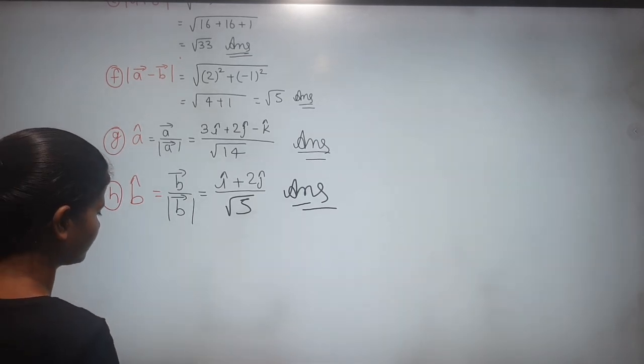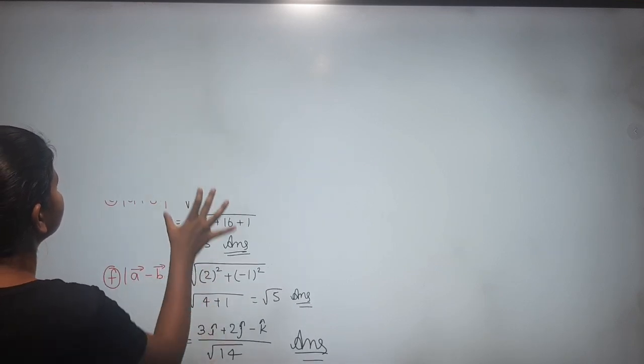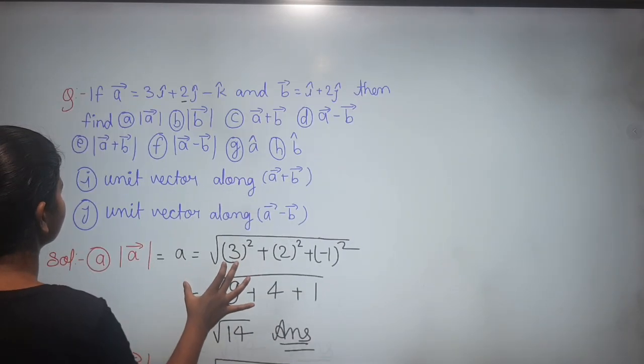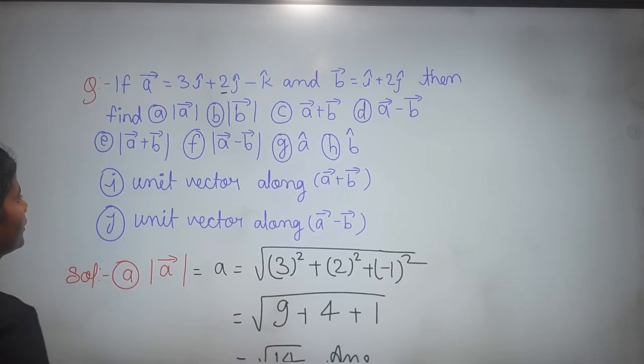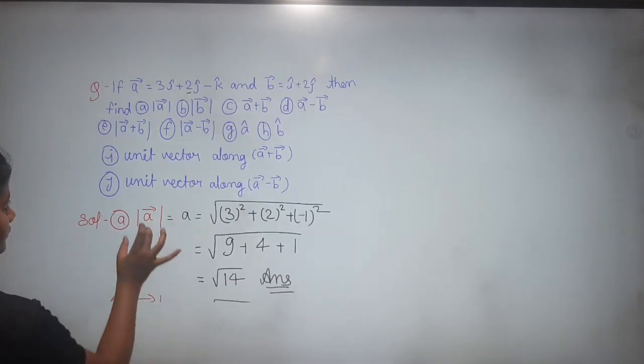Now we have to find the unit vector along a vector plus b vector.